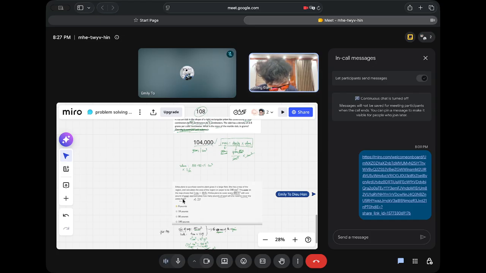We have the proportion here: X over 1, right? So X equals 72,000 over 400, 180 pounds of seed.